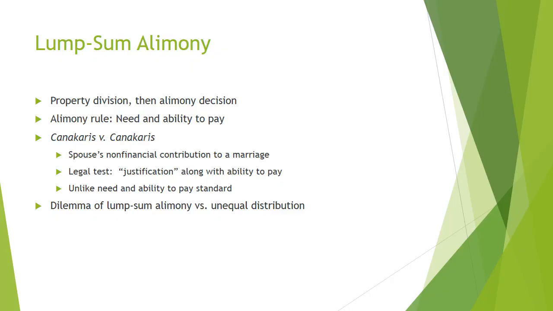And it also has to be noted, and Keene notes this in his book, that there is a dilemma of lump sum alimony versus unequal distribution, because whenever there's a single, indivisible, and non-liquidable asset, like a family business he gives as an example, that's when the dilemma comes up.